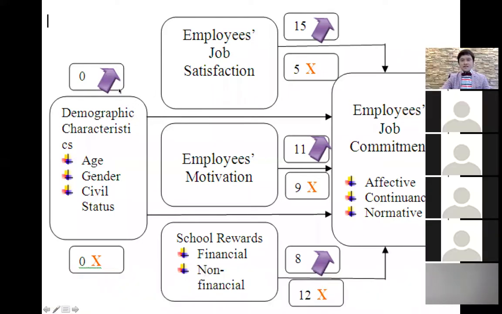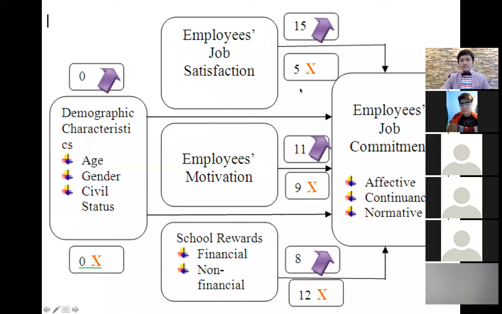All right. For example, you were able to read 20 articles about employees' job satisfaction and job commitment. Pero 15 authors found out that there is a significant effect on employees' job commitment.